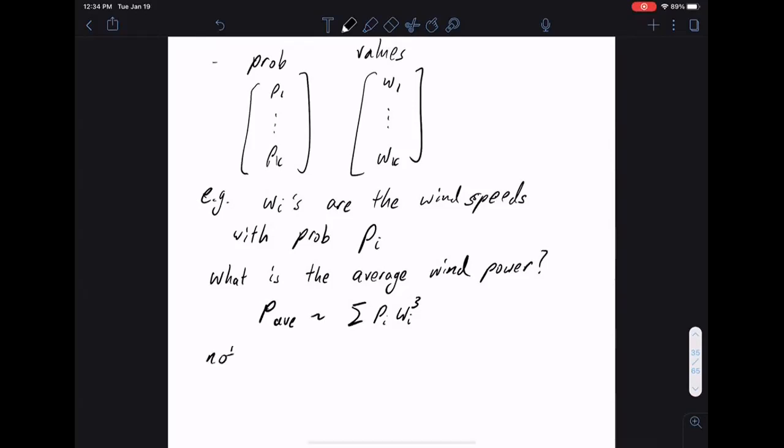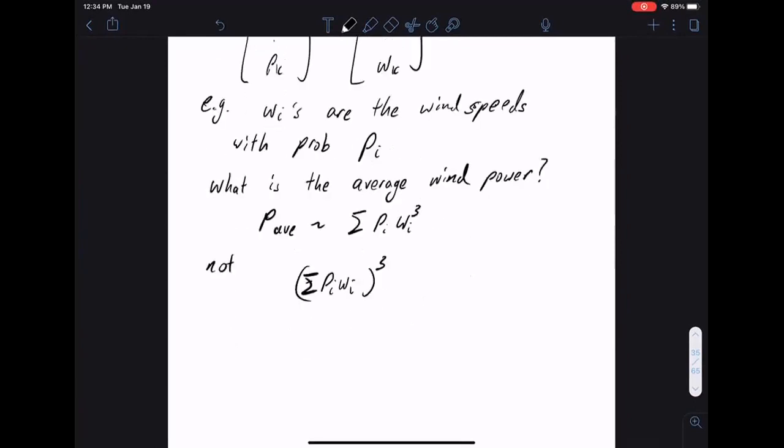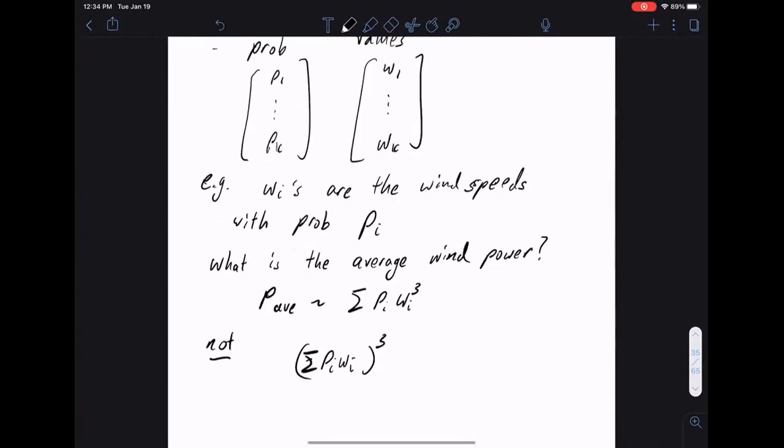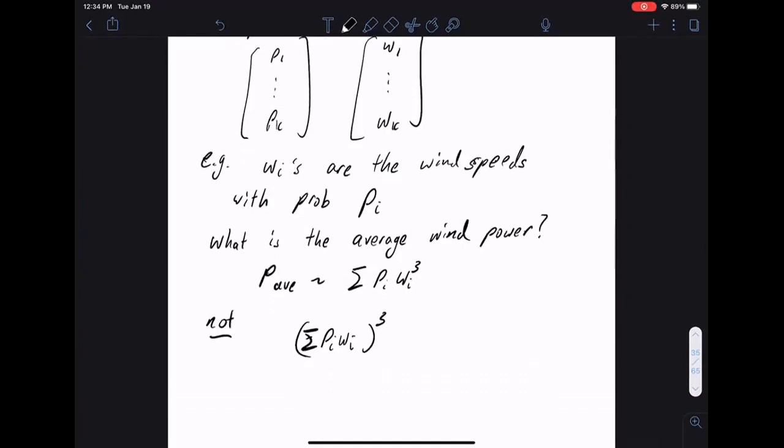This is not, you compute the average speed. Okay, so this is wrong. Averaging, then cubing is wrong. For the average power, you have to cube first and multiply by probability.